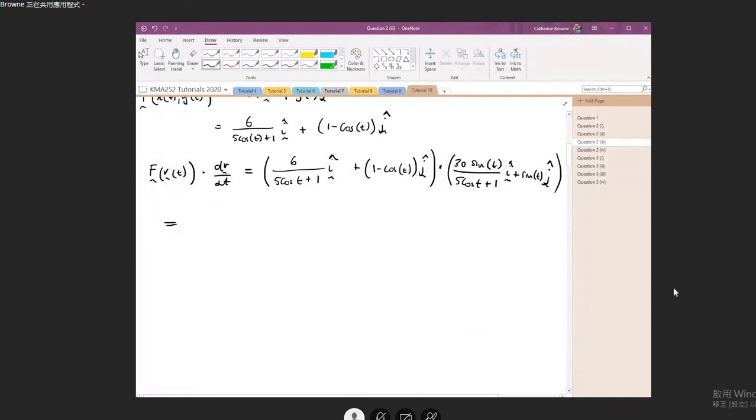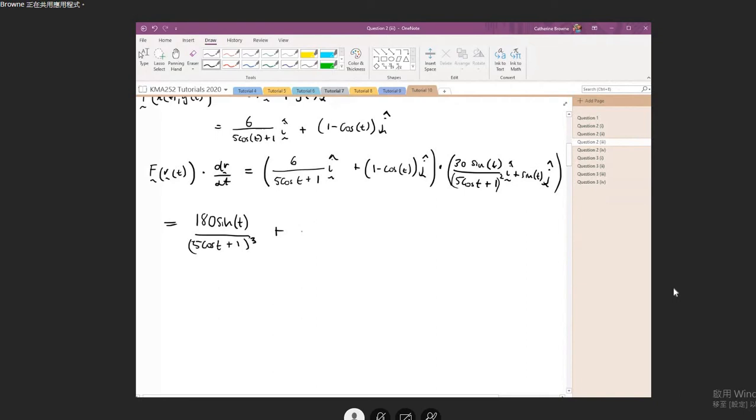So that's going to be equal to, so 6 by 30, I'm going to get 180 sine t over 5 cos t plus 1, I think I've left out, that should be squared down the bottom here. And then I'll get cubed here, plus sine t by 1 minus cos t.